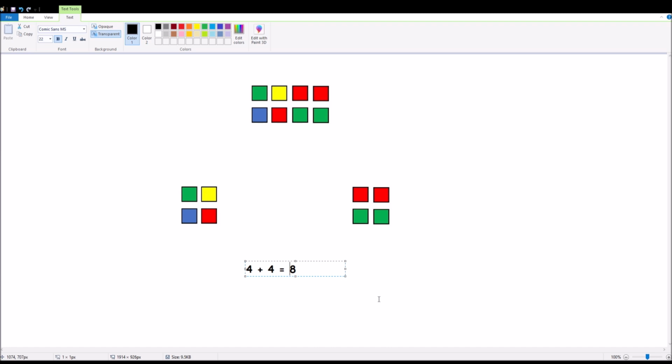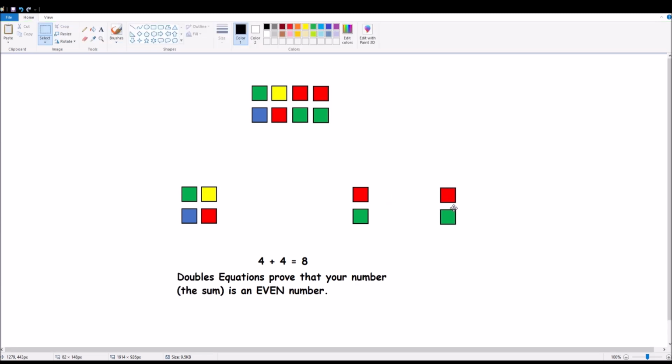And remember, what we talked about was that if you have a doubles equation, then you have an even number. Doubles equations prove that your number, the sum, is an even number.